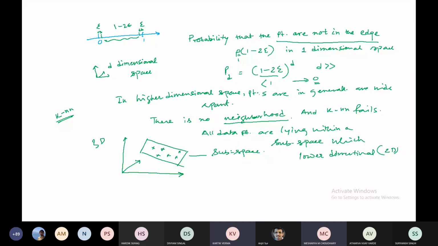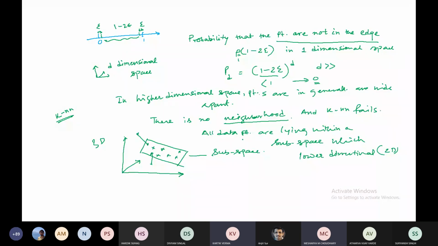So then, any other point we can project here somehow, and then we can do some KNN over that.